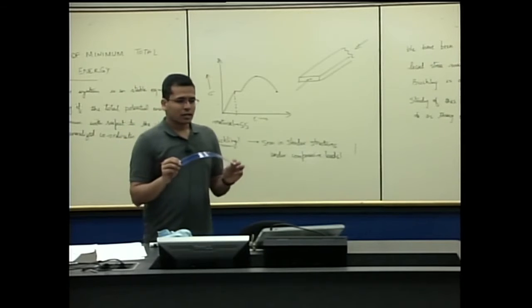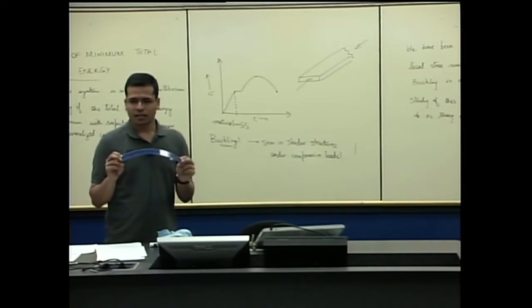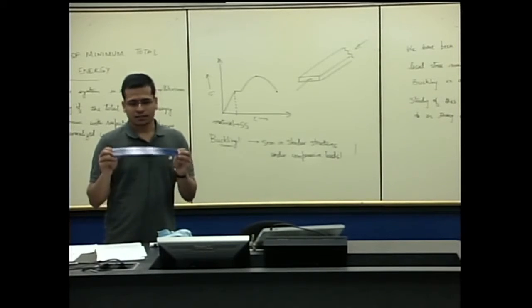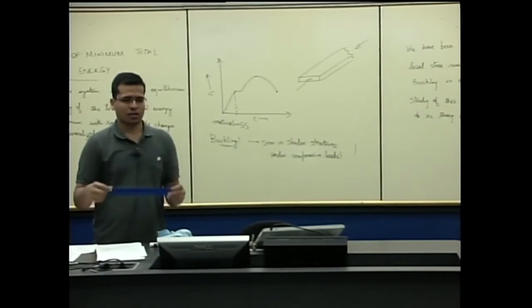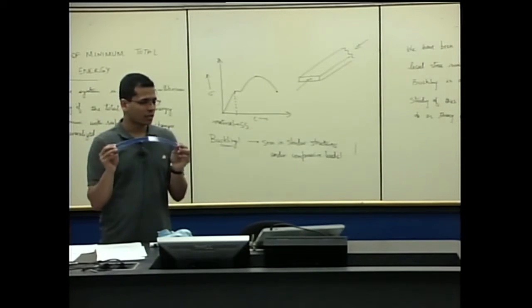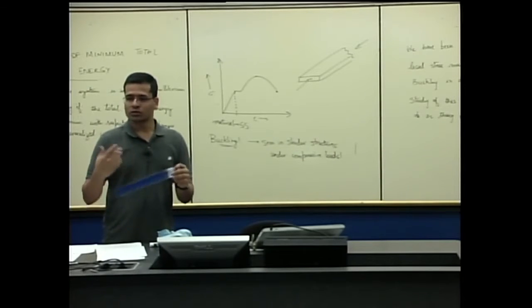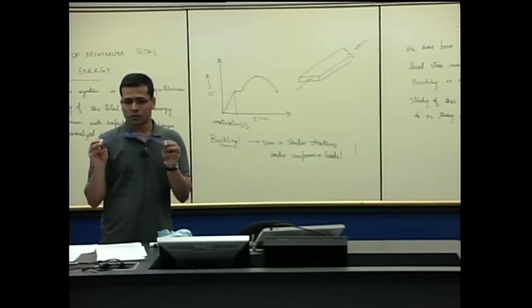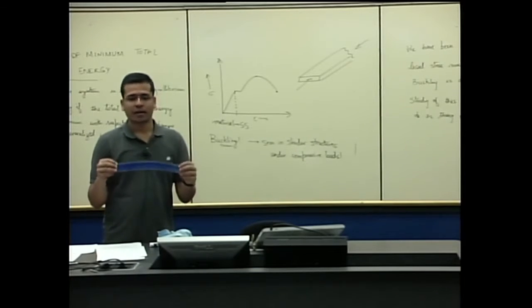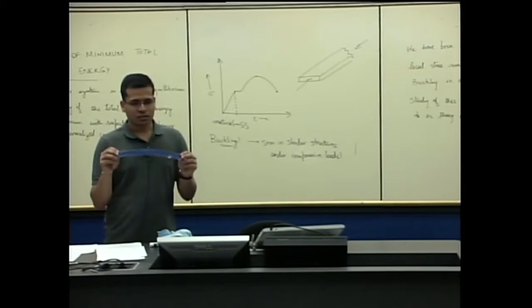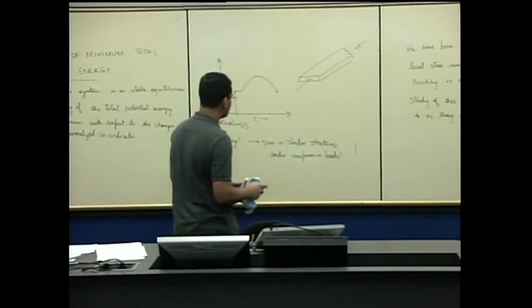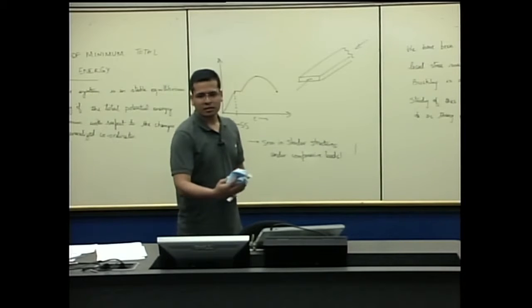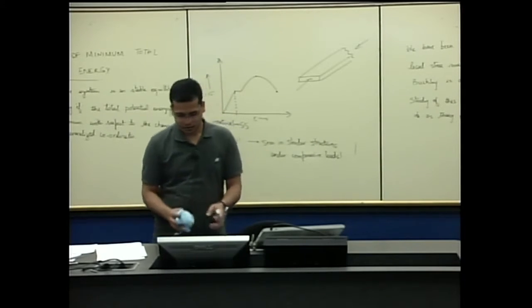So can I still design my system such that it has a post buckling path which is acceptable? Yes, you can. Let's say I have a compressive load on this ruler and it becomes like this and it's acceptable to you, then it's fine. You can design or study the post buckling path of a system, and then use those characteristics to judge whether you want to characterize this as failure or not. But there might be cases where some slight change in the buckling will lead to a catastrophic failure. In those situations, as soon as it goes beyond that critical load, we say that failure has occurred.